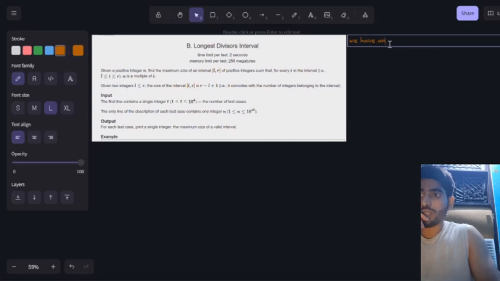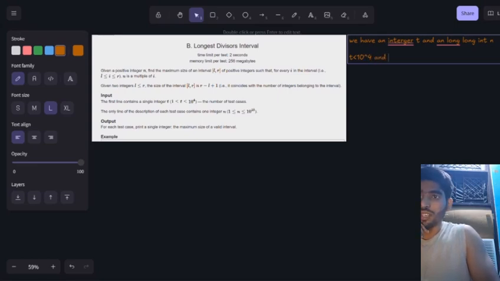So given two integers where L is less than R, the size of the interval L comma R is R minus L plus 1. So this is quite reasonable, since it coincides with the number of integers belonging to the interval.